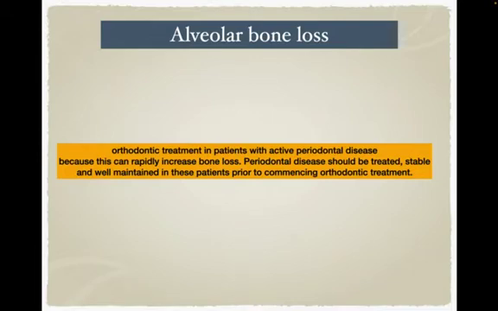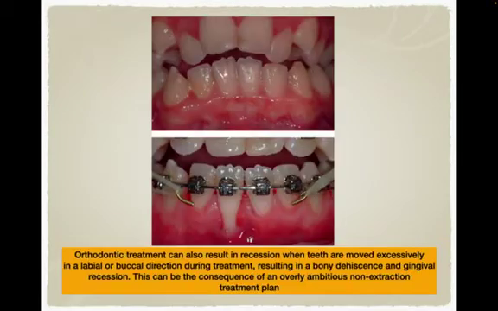So for example, if you have a patient with a pocket, this pocket could be an active ongoing disease, or could be a pocket that was there, was treated, and now everything is fine. So you need to do a periodontal consultation, or in the clinic you need to do at least probing and bleeding on probing. If there is bleeding, that means this pocket is still an active disease, and you should not proceed with the treatment, because any treatment on a periodontally compromised tooth with periodontitis will result in more bone resorption compared to a non-periodontally involved patient.